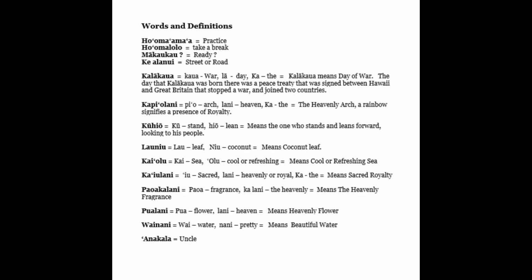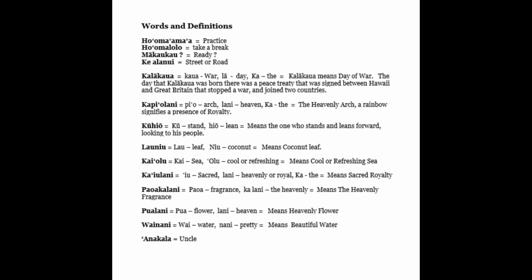And that was also when the peace treaty was signed between Hawaii and Great Britain that stopped the war. So that was a good thing, and it joined two countries. Kapiʻolani. Pio is arch, lani is heaven, ka. So the heavenly arch or a rainbow that signifies the presence of royalty.